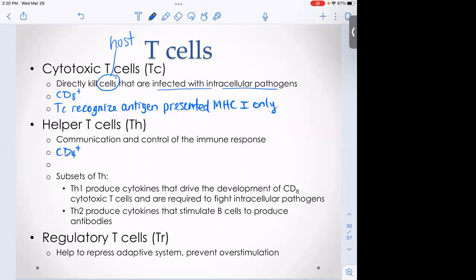That's a very famous subset of cells, helper T cells, CD4 positive T cells, because those are the ones that are killed by HIV. And helper T cells are going to recognize antigen presented by MHC class 2.